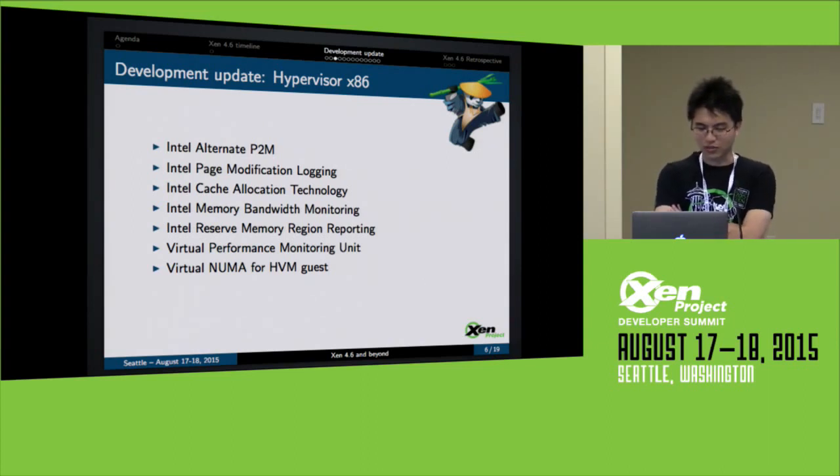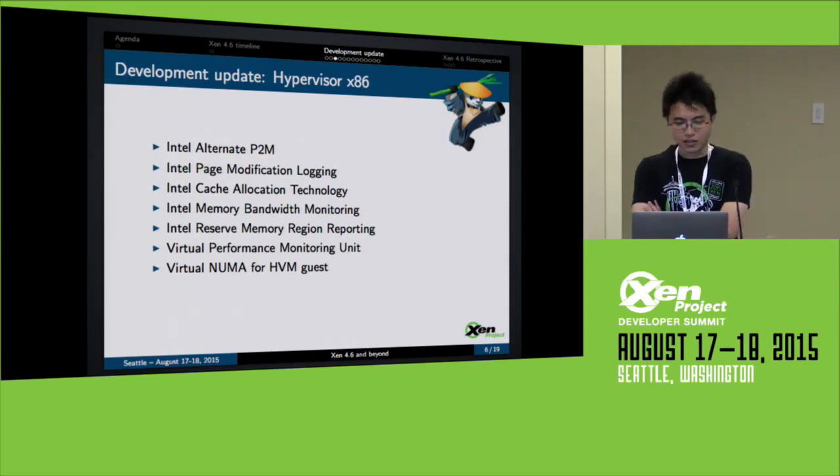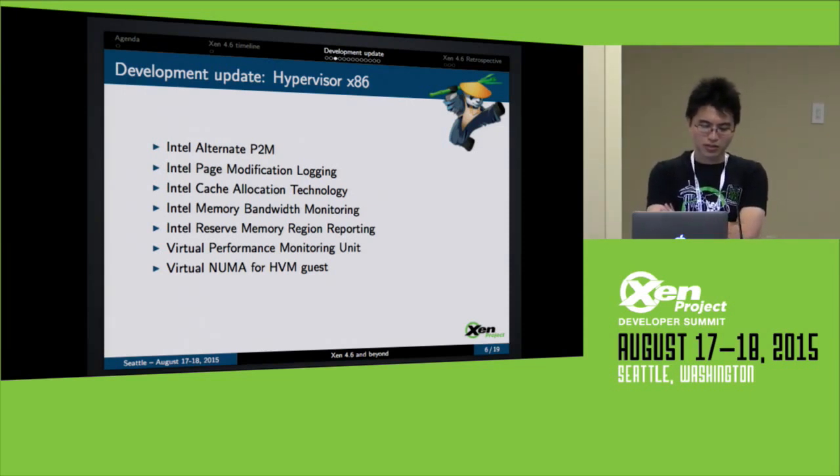So there are lots of Intel contributions, like the Intel alternate P2M, the Intel page modification logging, and cache allocation technology, and this and that. The alternate P2M is a particularly interesting feature because, as far as I can tell, Xen is the first open source hypervisor that supports such a feature.